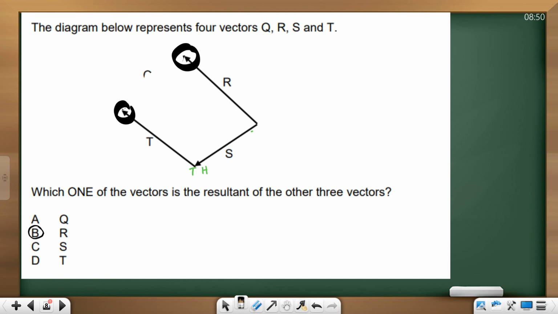Are we okay there? All right. So a vector must have a tail and a head. Guys, I hope that makes sense. Yes, Teboho. So a resultant must be drawn from tail to head.